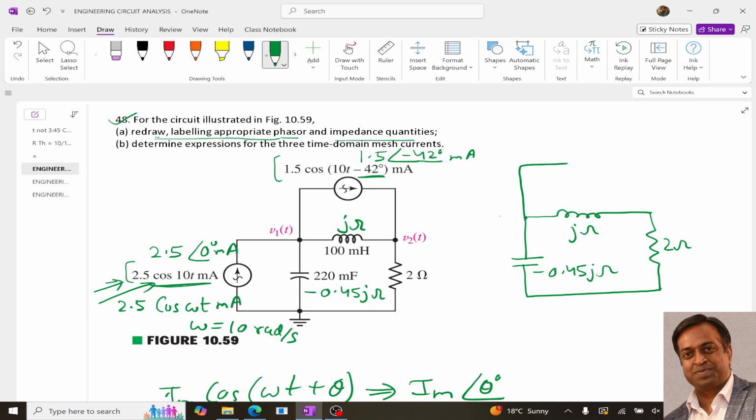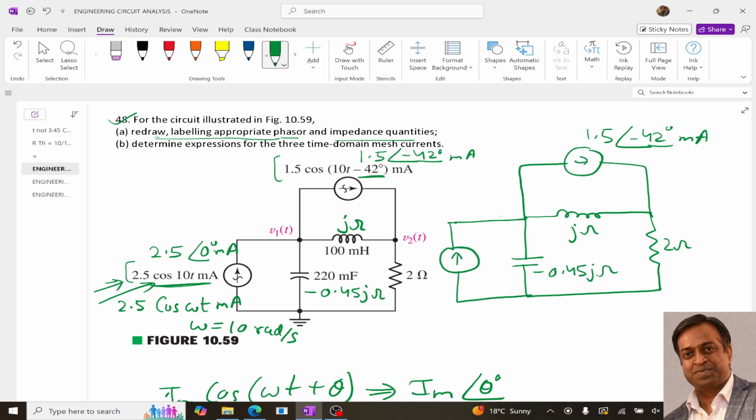This is one current, and this current is 1.5 angle minus 42 degree milliampere, and this over here it is 2.5 angle 0 degree milliampere, right? And over here there is a sinusoidal symbol just to indicate, this arrow indicates current source, this sinusoidal, this tilde, is just to indicate that the source is AC. So once we get this, we have completed the A part.